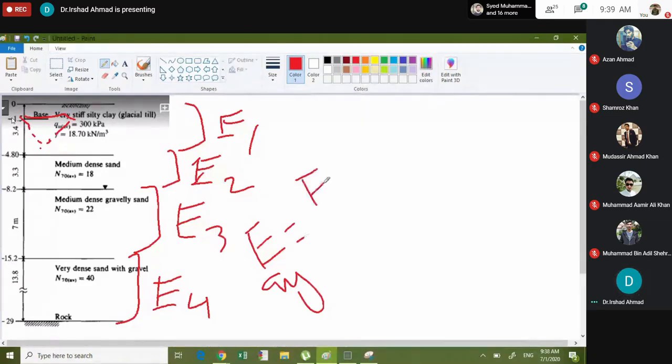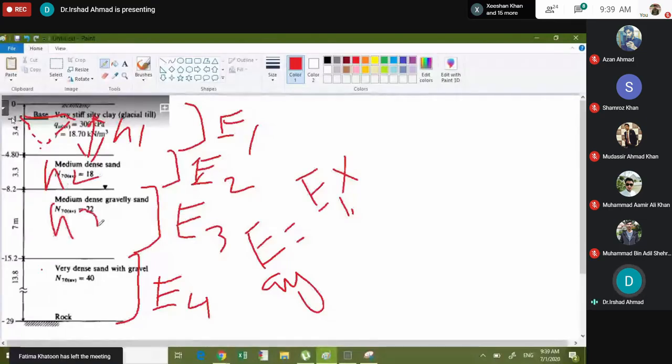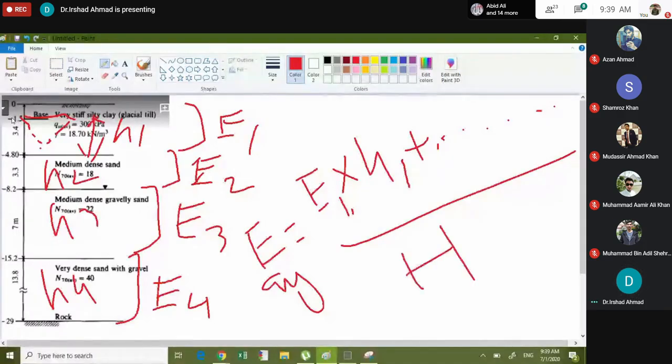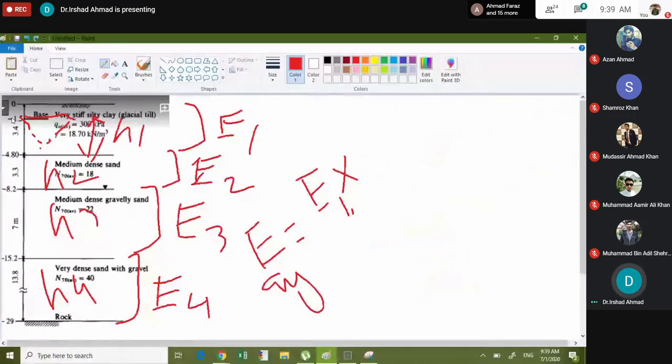E1 into H1, E2 into H2, E3 into H3, and E4 into H4, and so on, and divide this by total height H. So you get E average. Okay?